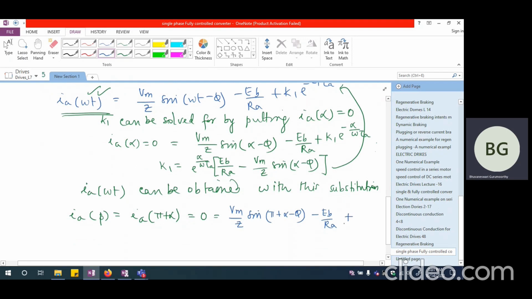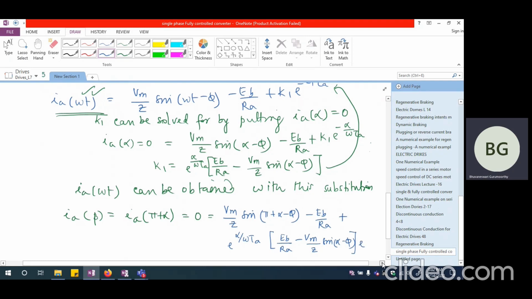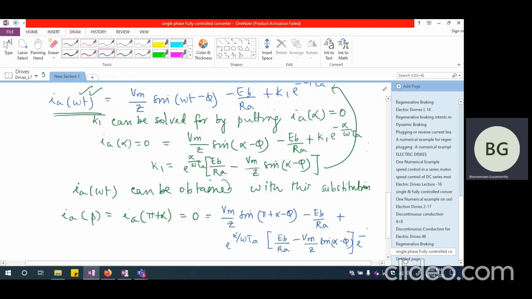Now for K1, I'm going to substitute e power α divided by ωτ_a multiplied by E_b by R_a minus Vm divided by Z sine of (α minus φ). So this is the entire K1. And this has to be multiplied by e power minus t by τ_a.